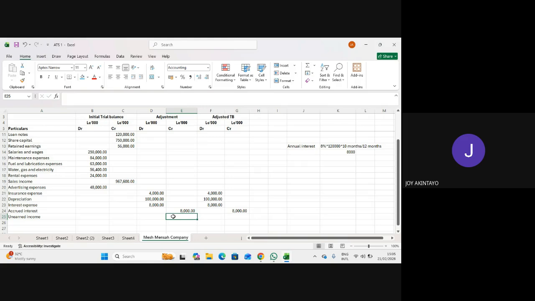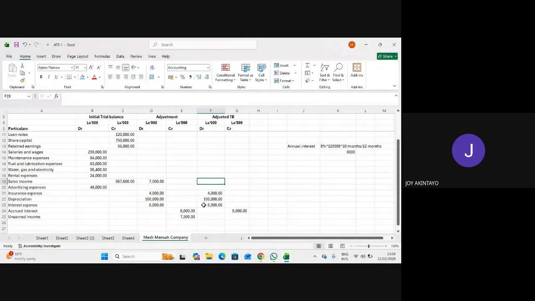So you come to your adjustment, it will be a liability of how much? 7,500. Then you come to your sales income, which is here. You debit. You know it's on the credit side. You debit 7,500.